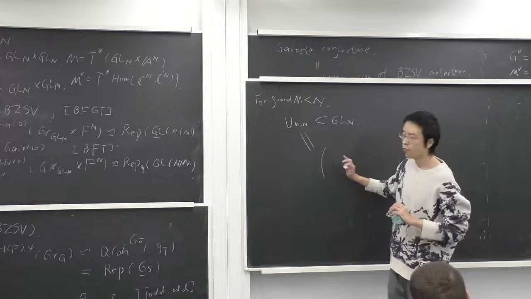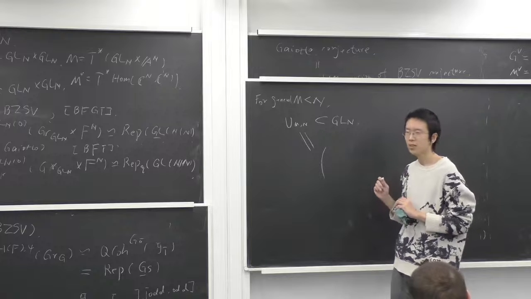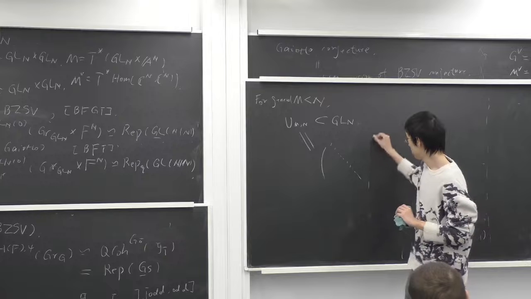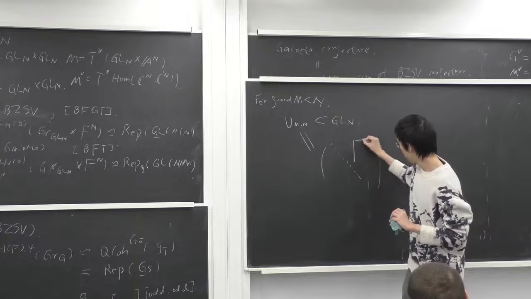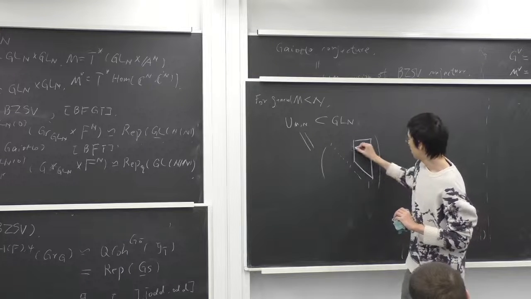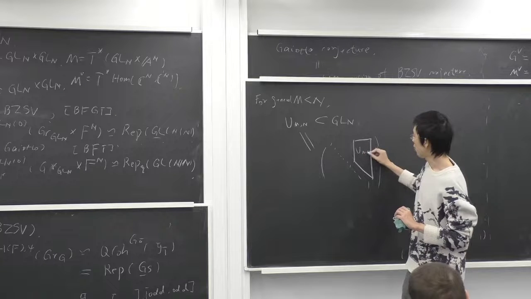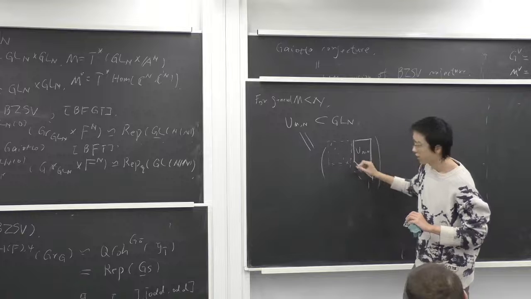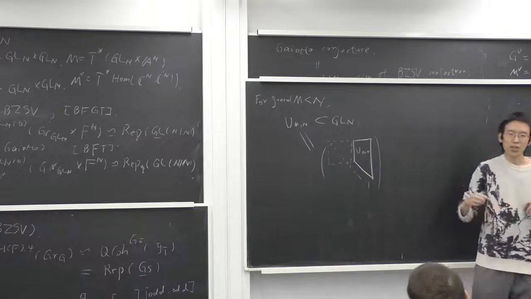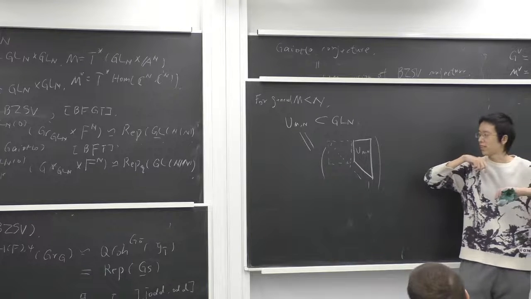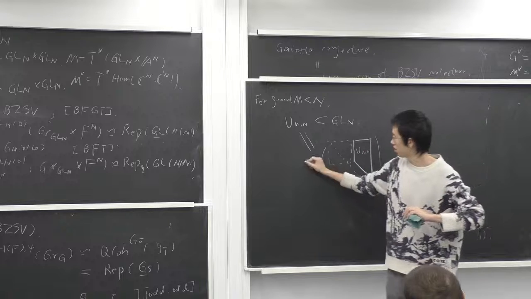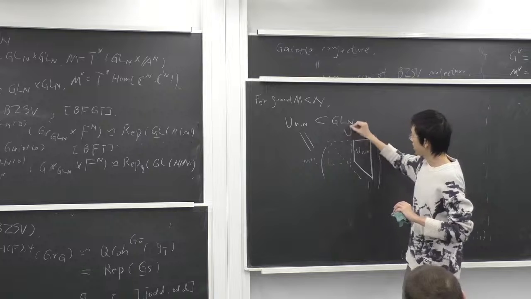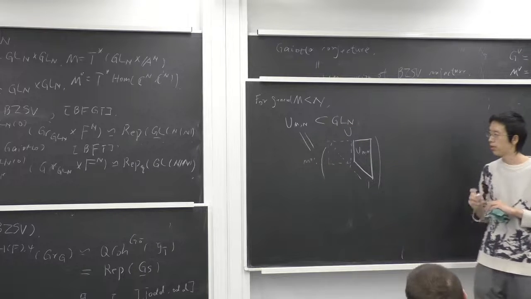If we write it more explicitly using matrices, it is of the following form. Here is your U_{mn}, and in the top left corner there is an (m+1) times (m+1) block, which is just the identity. So that is your U_{mn}, and you regard it as a subgroup of GL(n).